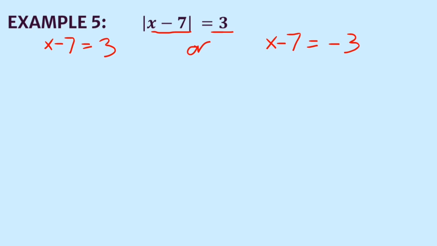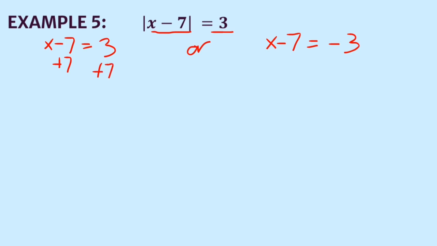Okay, let's solve statement 1 first. So, how are we going to eliminate negative 7 here, since negative 7 is beside x and we only need the x to solve for x? Okay, so to eliminate negative 7 here, we have to add 7 on both sides.